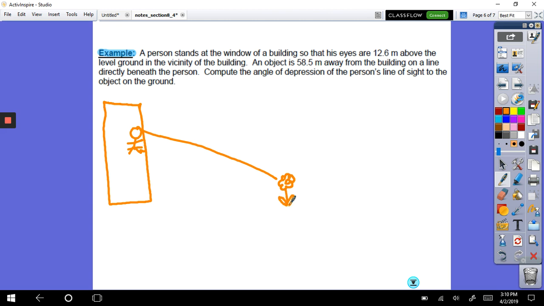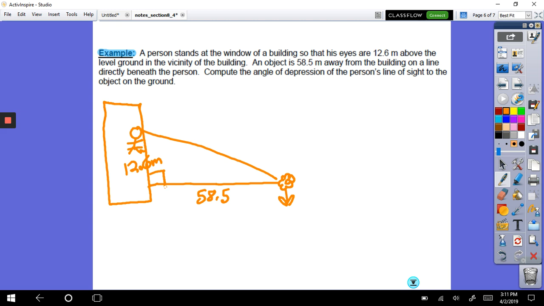What a lovely flower. Okay, so we want to fill in our measurements. The object is 58.5 meters away from the building on a line directly beneath the person. So this distance is 58.5. And the person's eyesight is 12.6 meters above ground.